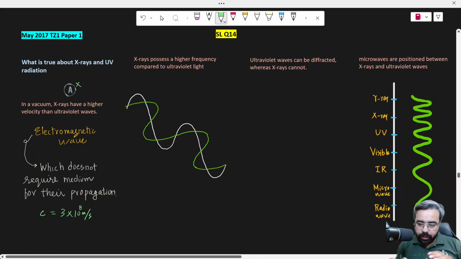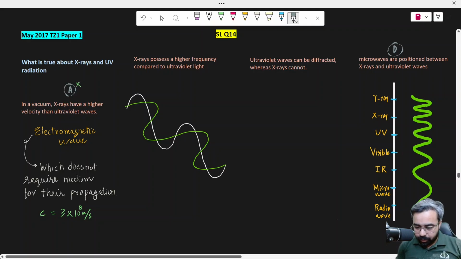Now go directly to the option D, which says that the microwaves are positioned between X-rays and ultraviolet. So for clarity, I have shown you the whole electromagnetic spectrum. So you see the first is X-ray, which has a minimum wavelength and a maximum energy, right?